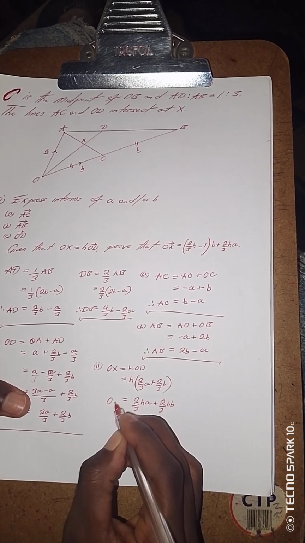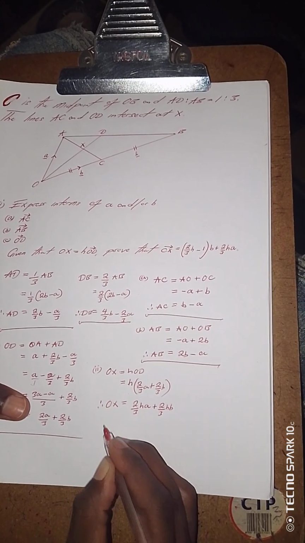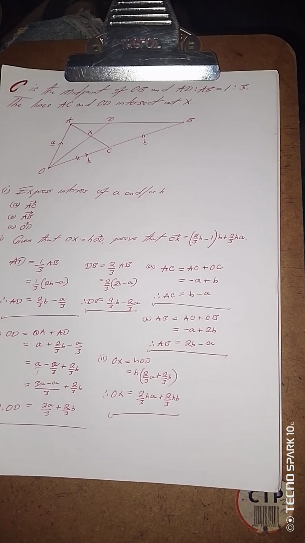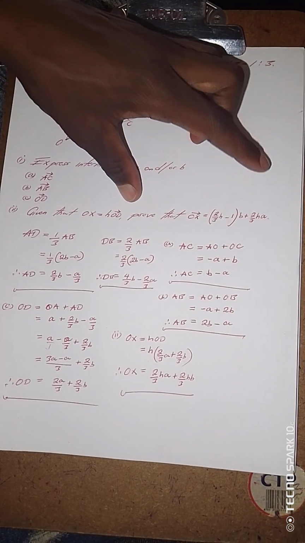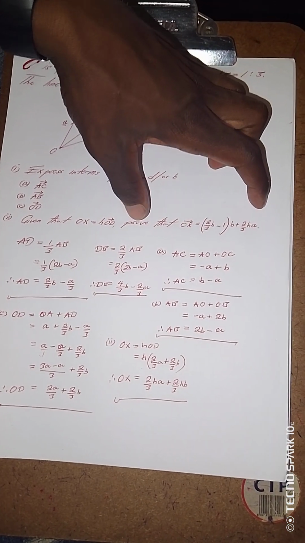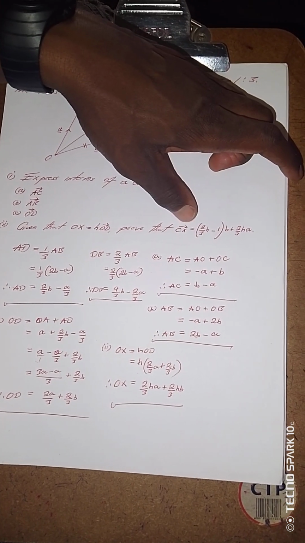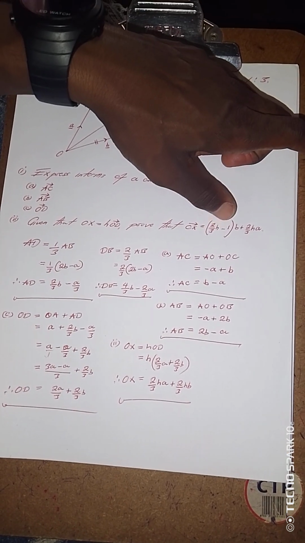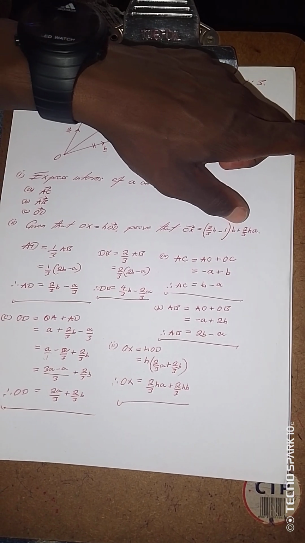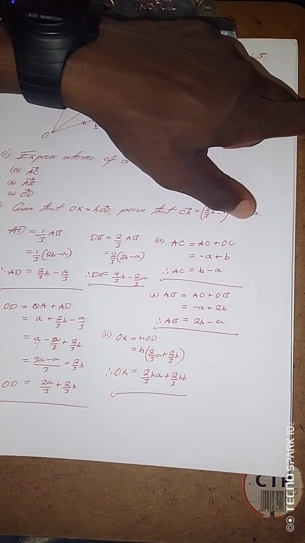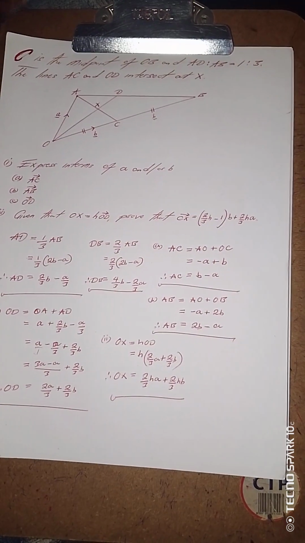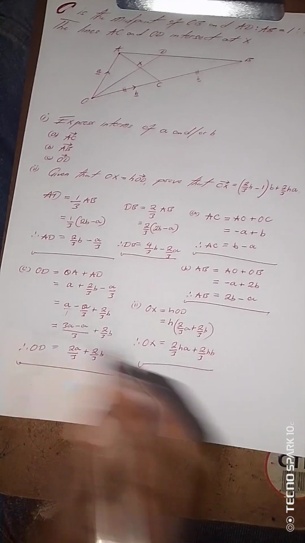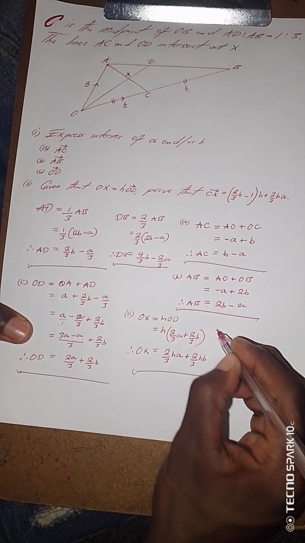So this is OX. And then the question continues, prove that CX is equal to open brackets 2 over 3h minus 1 close brackets B plus 2 over 3hA. Now for this one it's about proving, so you just get it the way it is.